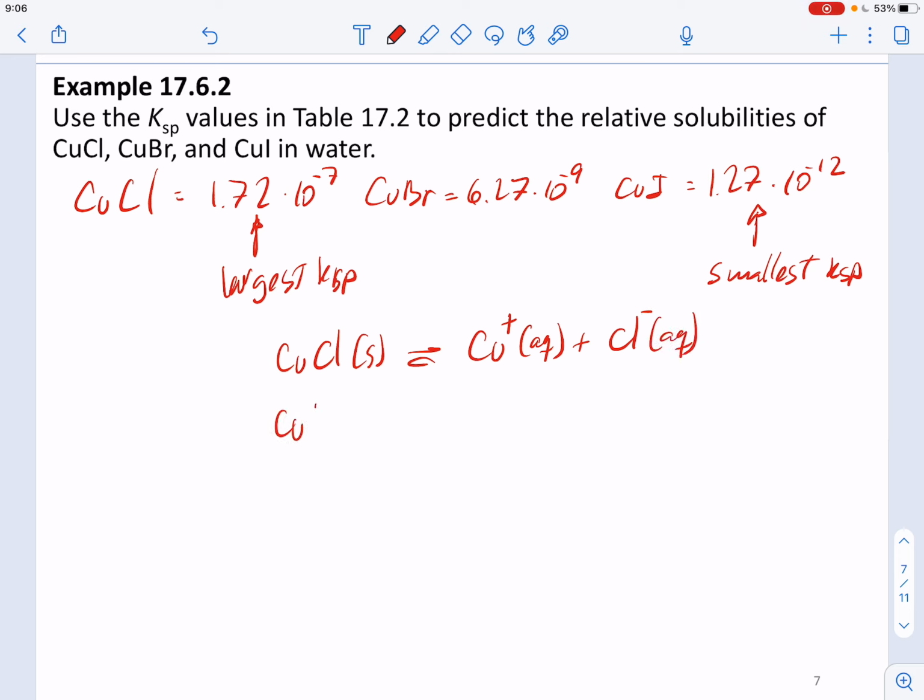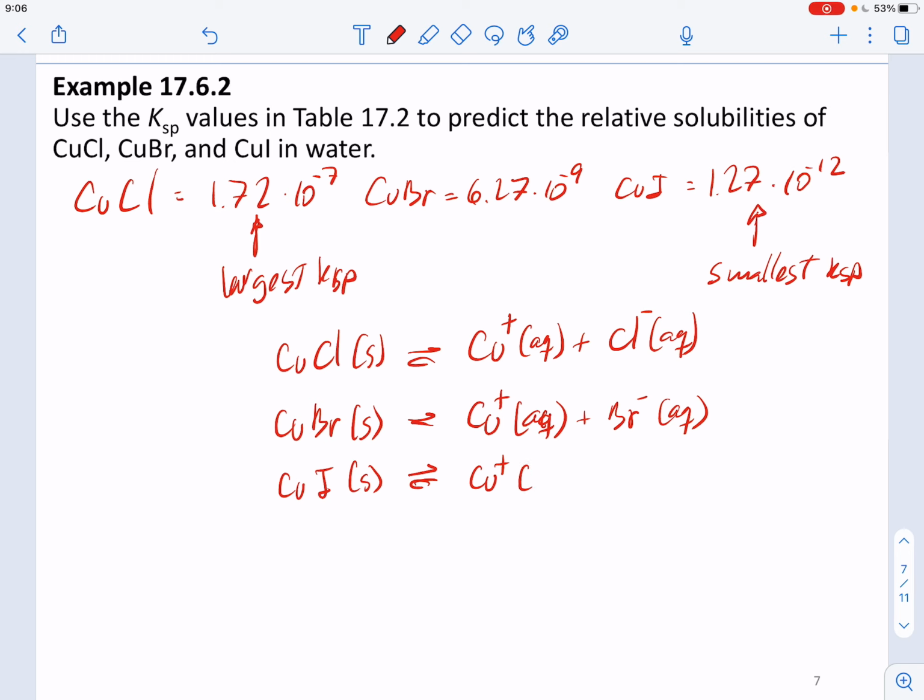Same thing for copper bromide, it goes to copper 1+ and 1 bromide. Same thing for copper iodide. I want you to always do the exercise of writing the dissociation, the ionization equation for each solid. Copper 1+ and iodide.